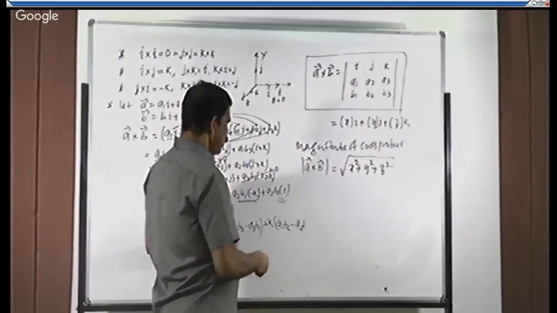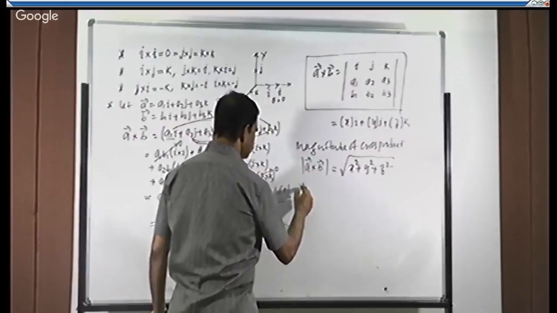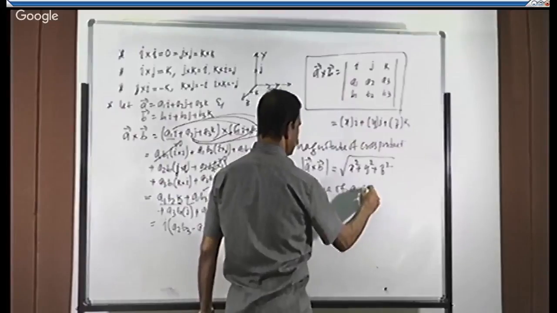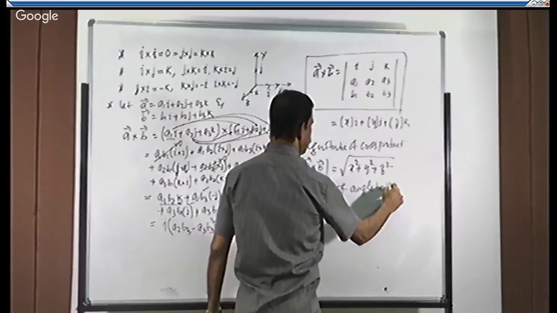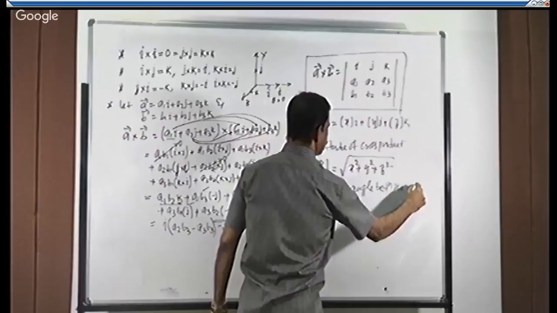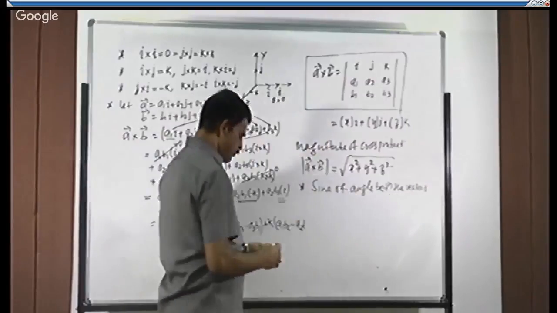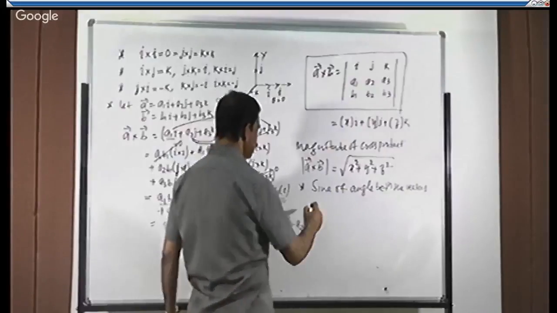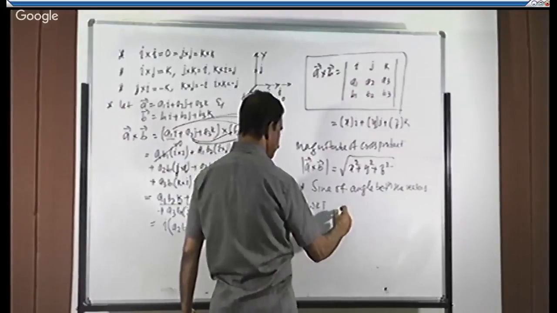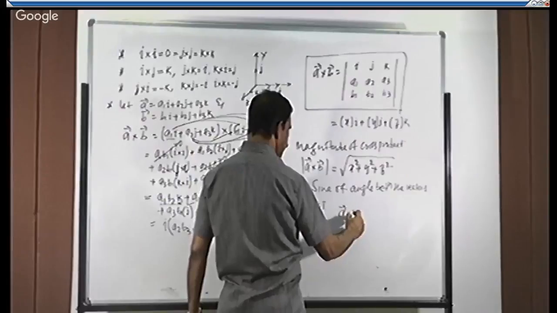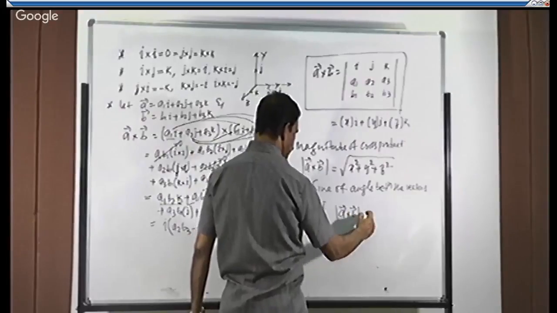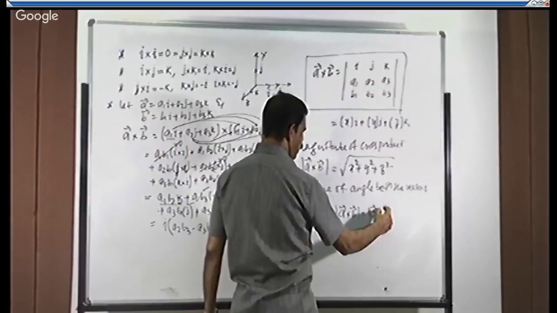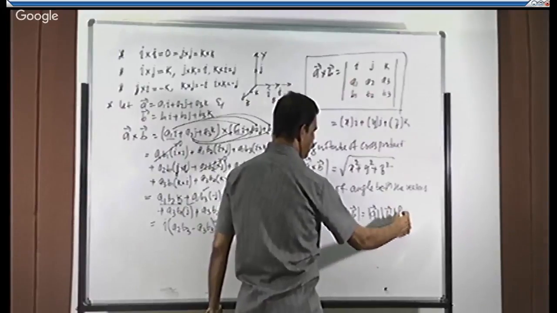Next property, sine of the angle between the vectors. So as we know the formula, what is that? Magnitude of A cross B is equal to, as I mentioned earlier, magnitude of A, magnitude of B into sin theta.